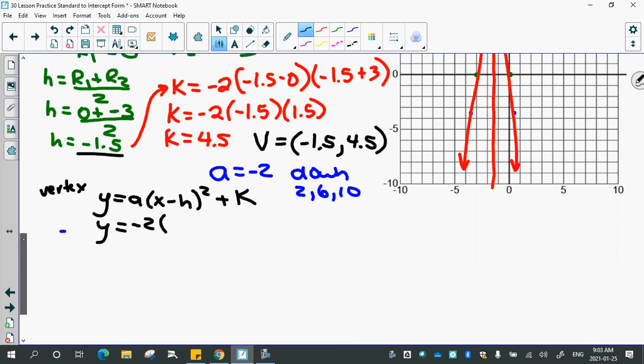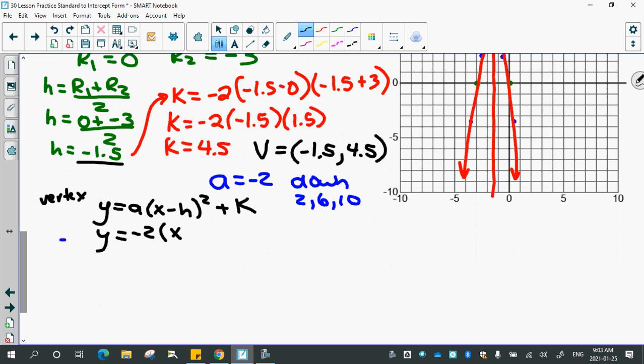H was -1.5, so I'd have x minus -1.5 squared. And K was positive 4.5. And then the only issue is I wouldn't leave it as minus -1.5, I'd change it to plus 1.5. Okay?